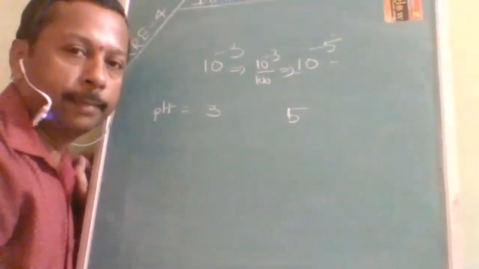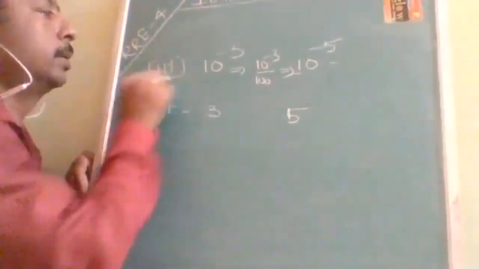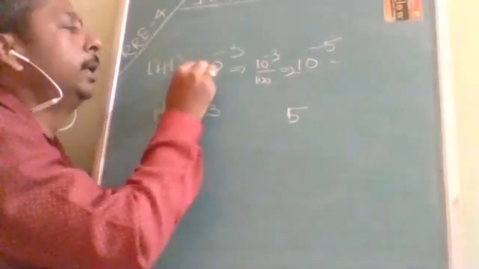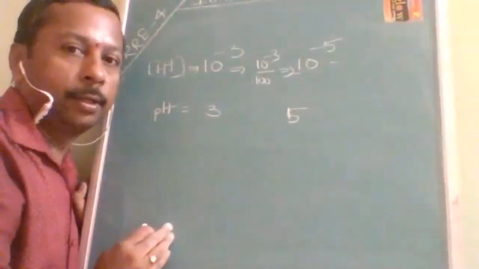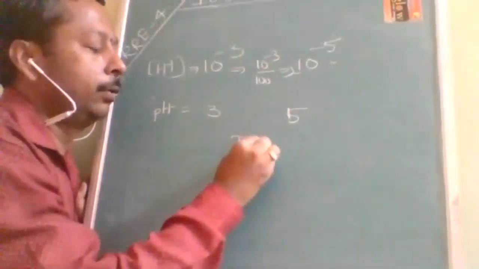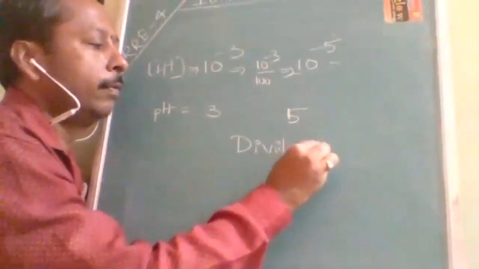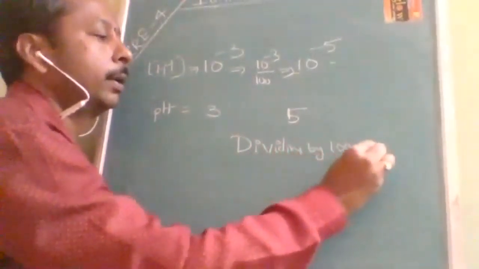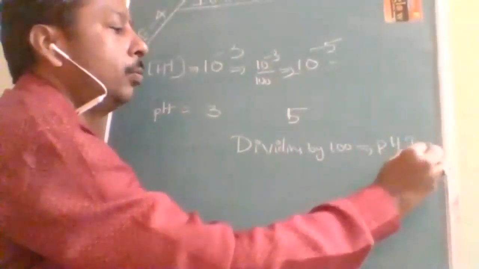Okay, this is an example. Concentration of H plus is initially 10 to the power of minus 3. If on dividing by 100, pH increases by 2.